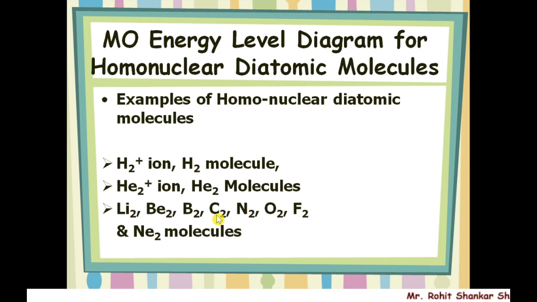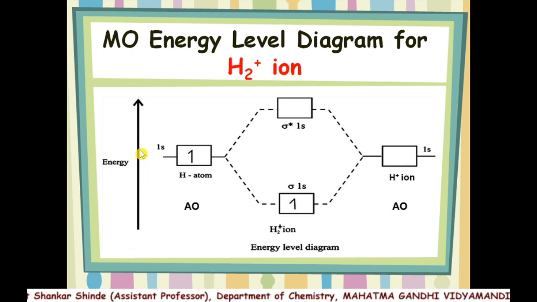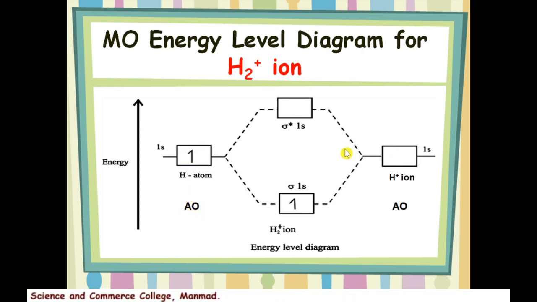So let us see the molecular orbital diagram of H2 plus ion. In this diagram, the energy is increasing from bottom to top. Atomic orbitals are shown, one on the left side and the other on the right hand side.